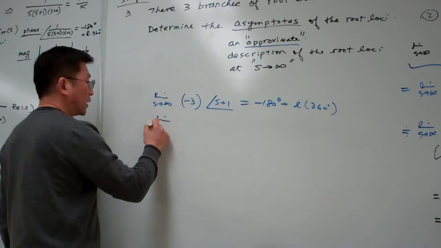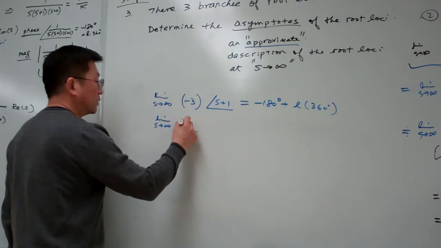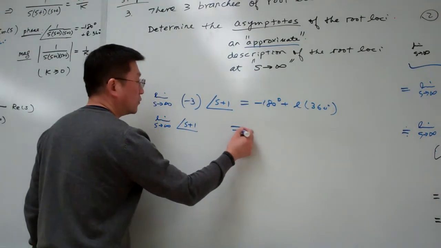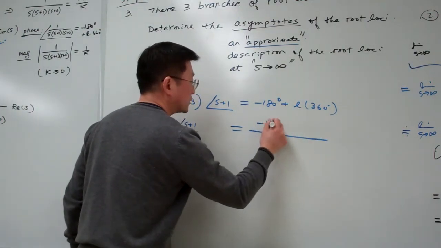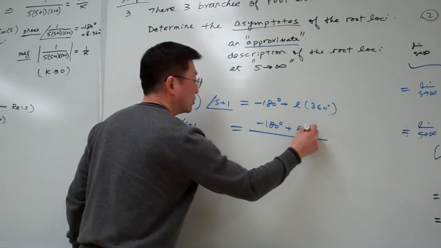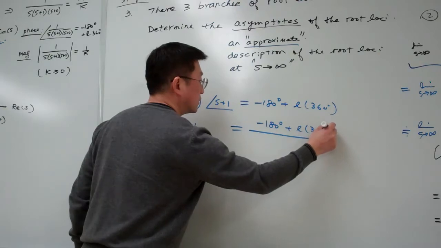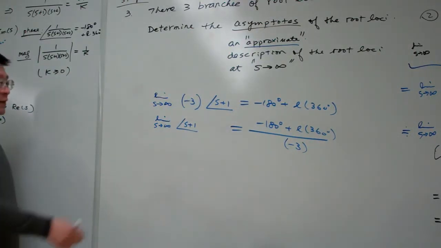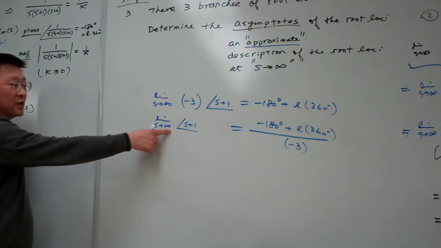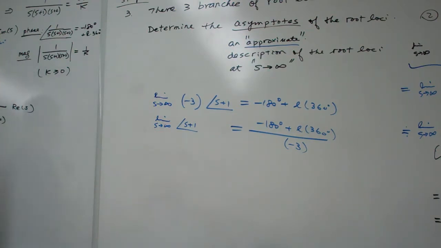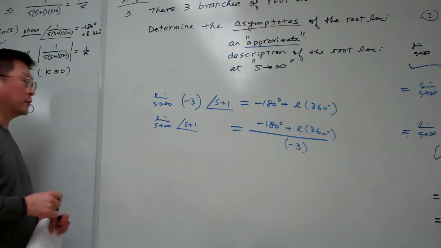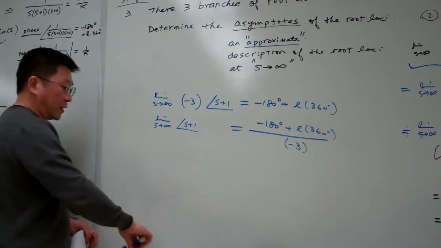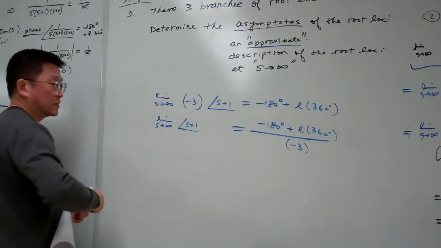So limit s approaching infinity, the angle of s plus 1 equals minus 180 plus L 360, divided by minus 3. Okay. So again, from here you can see this is a better approximation than the previous one, and then we can figure out how to utilize this one to find out the intersections.